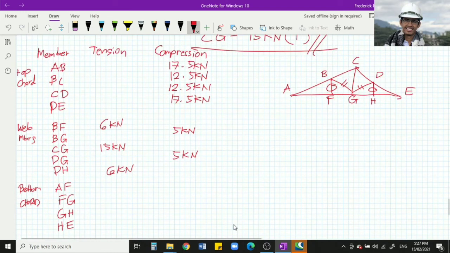And for the bottom chord, yung AF natin is tension. So, yung AF natin is 14 kilonewton. And yung FG natin, 14 kilonewton din. So, same na to, no? Same din to, tsaka dito. Same lahat yung bottom chord natin, 14 kilonewton. Okay?